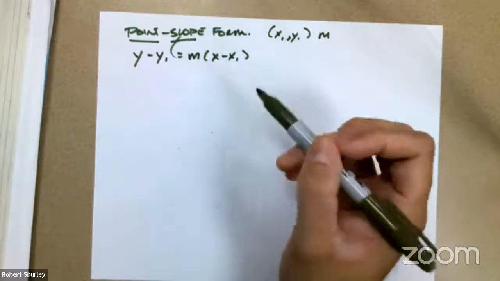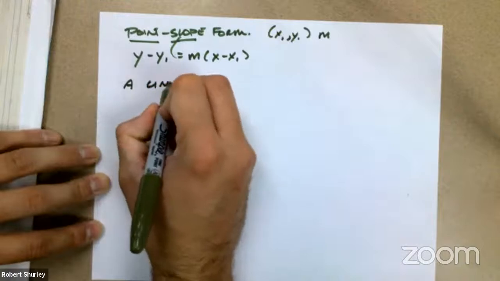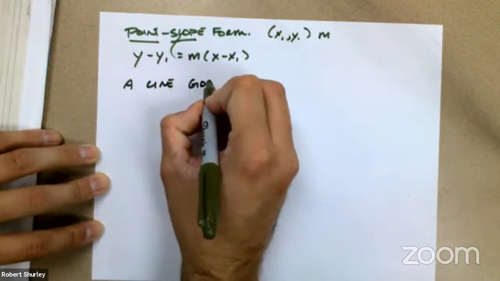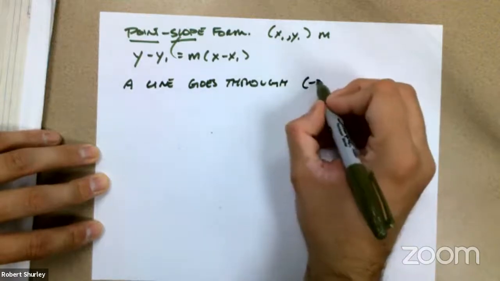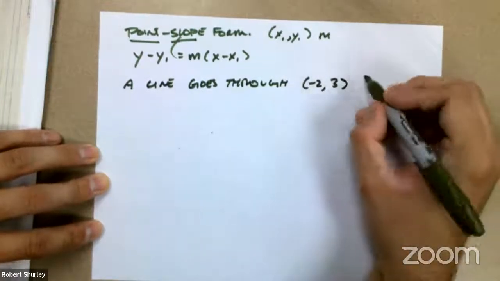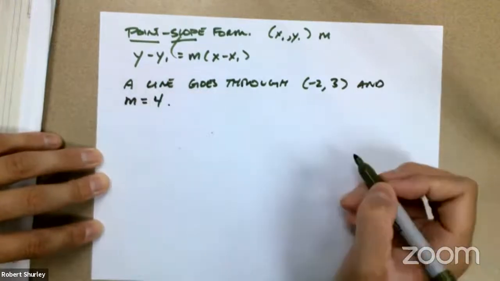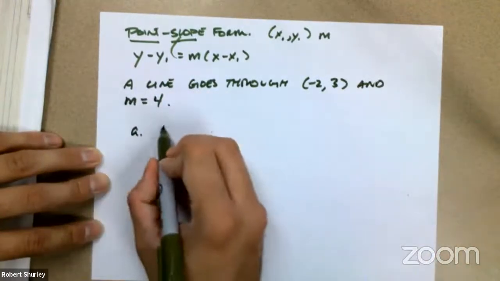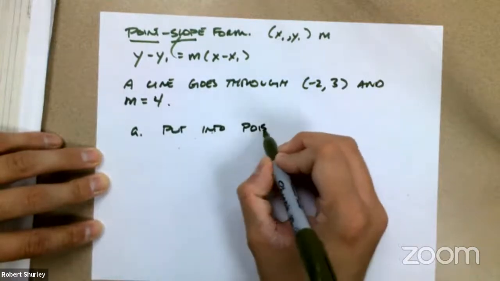So let's say I gave you a line. A line goes through -2, 3, and has a slope of 4. So part A, I want you to put it into point slope form.